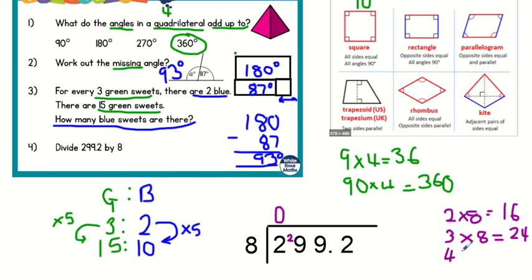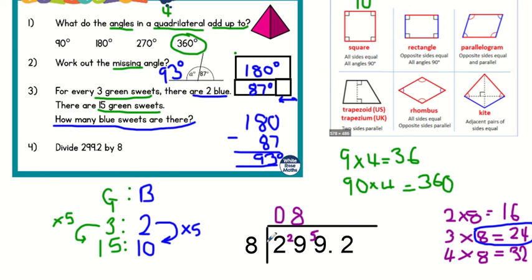Let's just double check. 4 times 8 is... that's right, 32. Okay, so the closest that I can get then is 8 lots, which would take me to 24. Now to find my remainder, I've got to count on from 24 to 29: 25, 26, 27, 28, 29, so my remainder is 5.